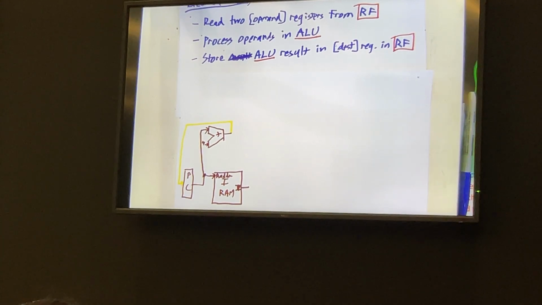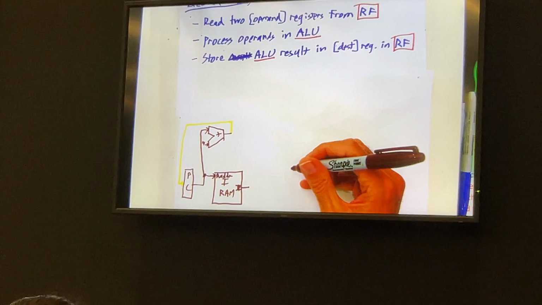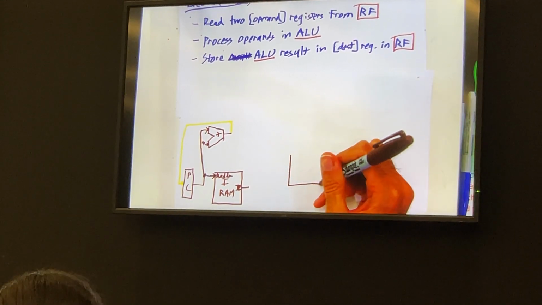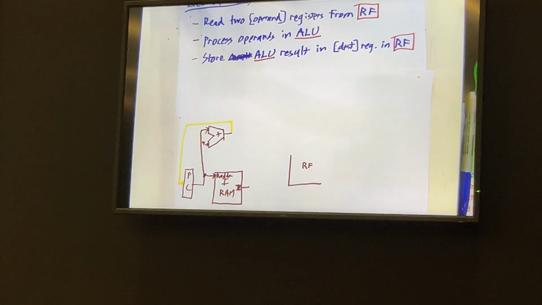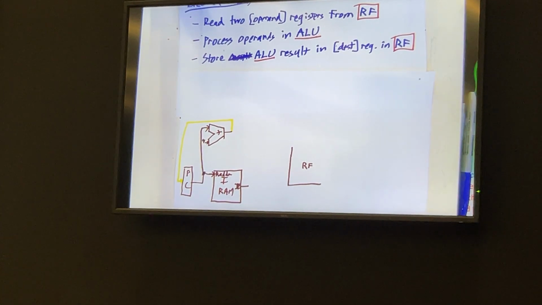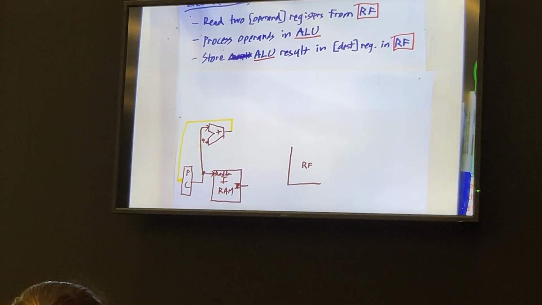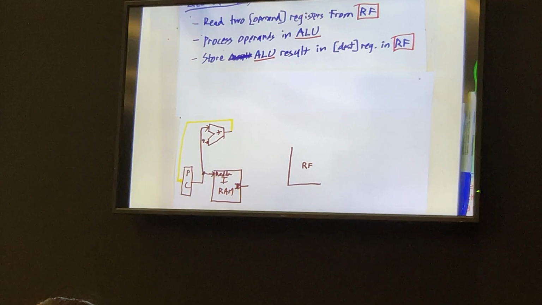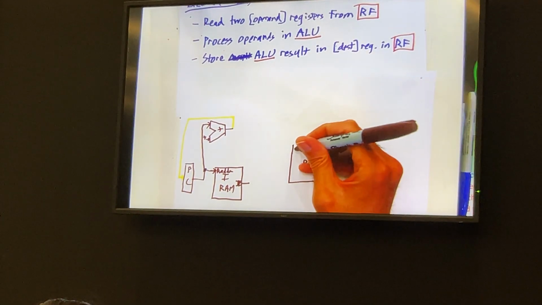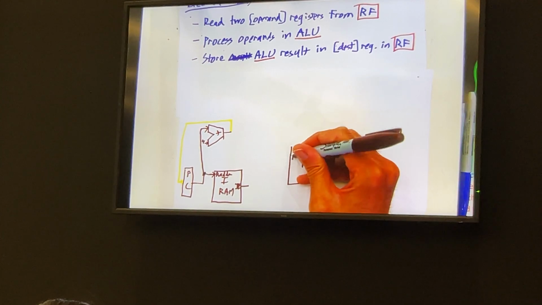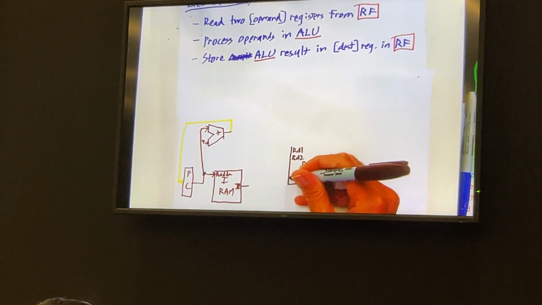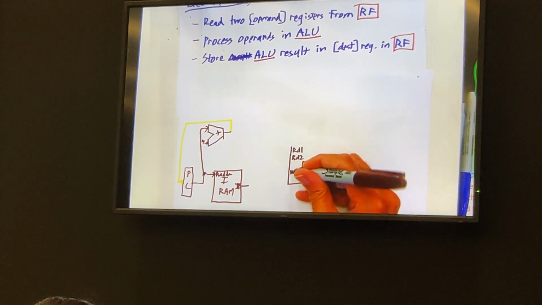Okay, so let's draw the rest of the design. I'm going to draw the register file somewhere around here, and our register file has two read ports and one write port. Remember, for a read port you send the register number and you read what's stored at that register. We're going to call the read ports read register 1 and read register 2, and the write port write register.